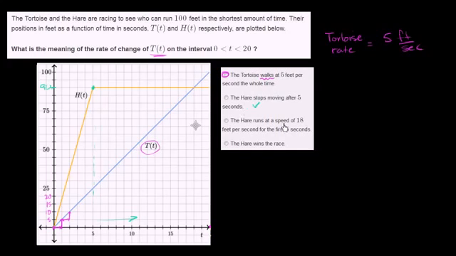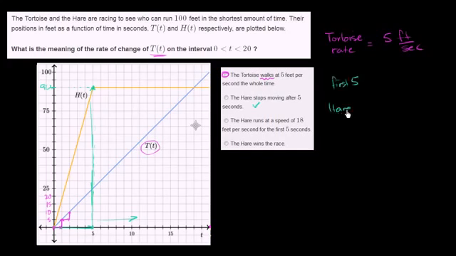The hare runs at a speed of 18 feet per second for the first 5 seconds. So let's see if this is true. For the first 5 seconds, the hare is able to cover a distance of 90 feet. So the hare is able to go 90 feet in 5 seconds.